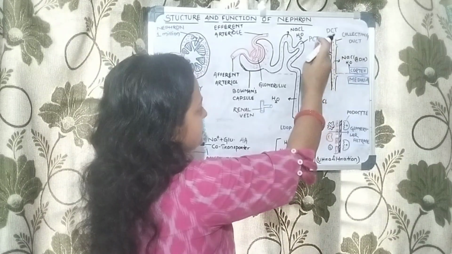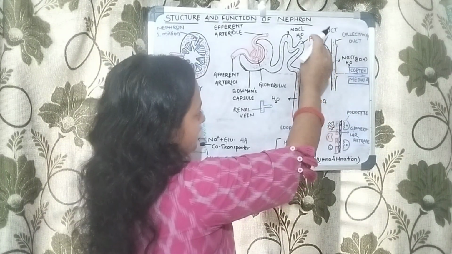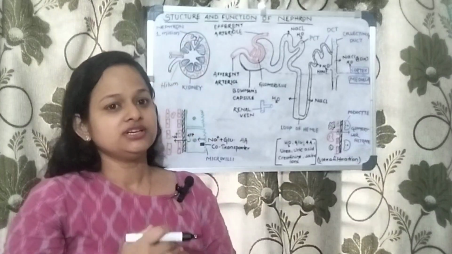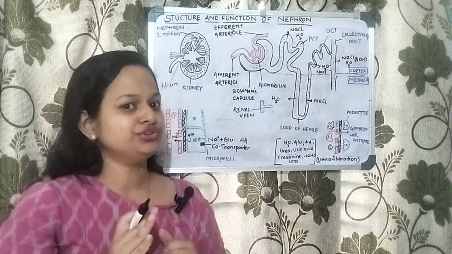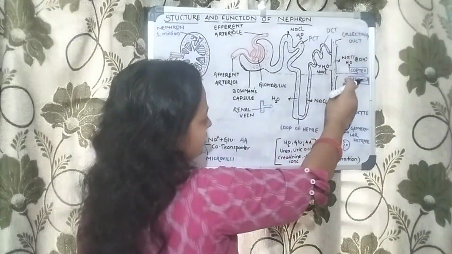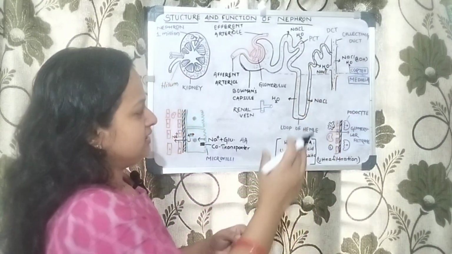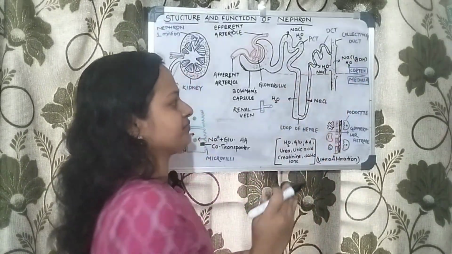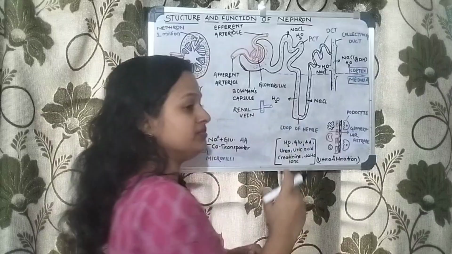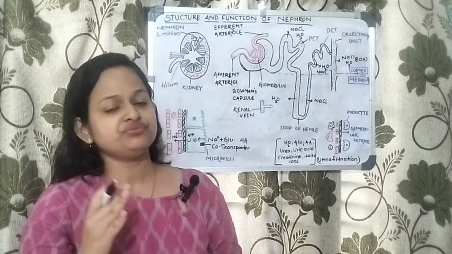And in this part, the tubular fluid is already converted into urine and it enters the collecting duct. And in this collecting duct, what happens? The water and sodium are again reabsorbed into the body.